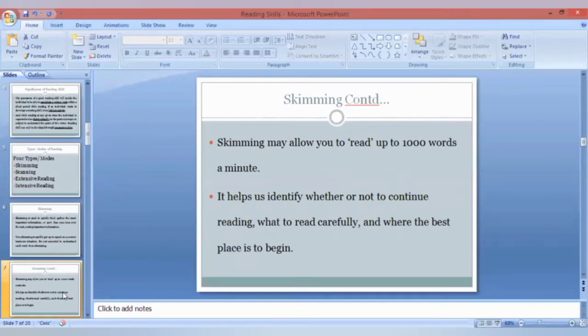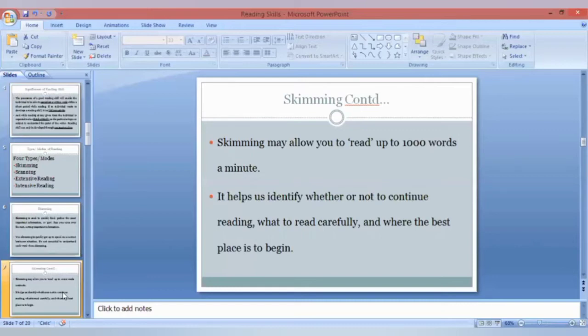So you can imagine that skimming is the fastest reading that you do in order to derive meaning out of the text, and it also helps you determine whether you should continue reading that particular document which is handed over to you, or stop because you don't want to read it.